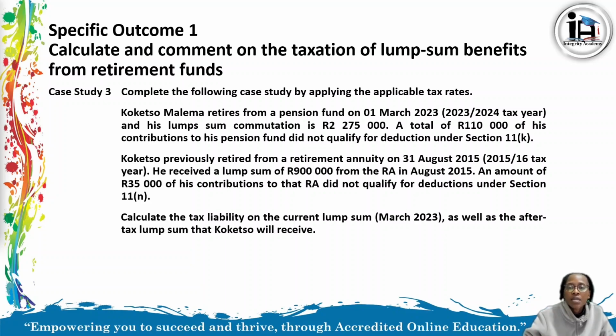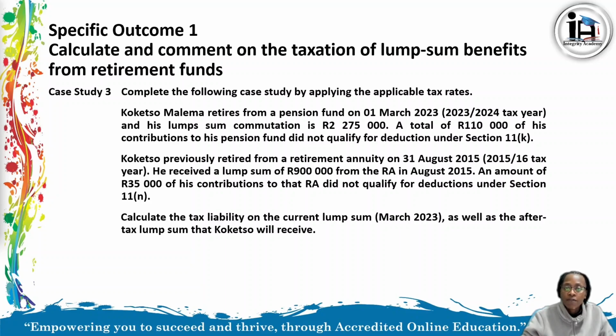Complete the following case study by applying the applicable tax rates. Kweketso Malema retires from a pension fund on 1st of March 2023, that is the 2023 to 2024 tax year, and his lump sum commutation is 2,275,000. A total of 110,000 of his contributions to his pension fund did not qualify for deduction under Section 11K.